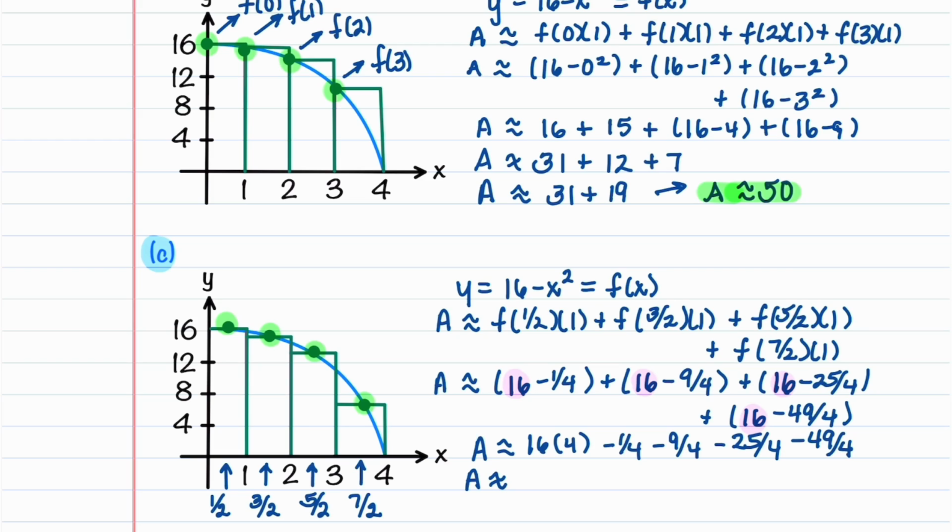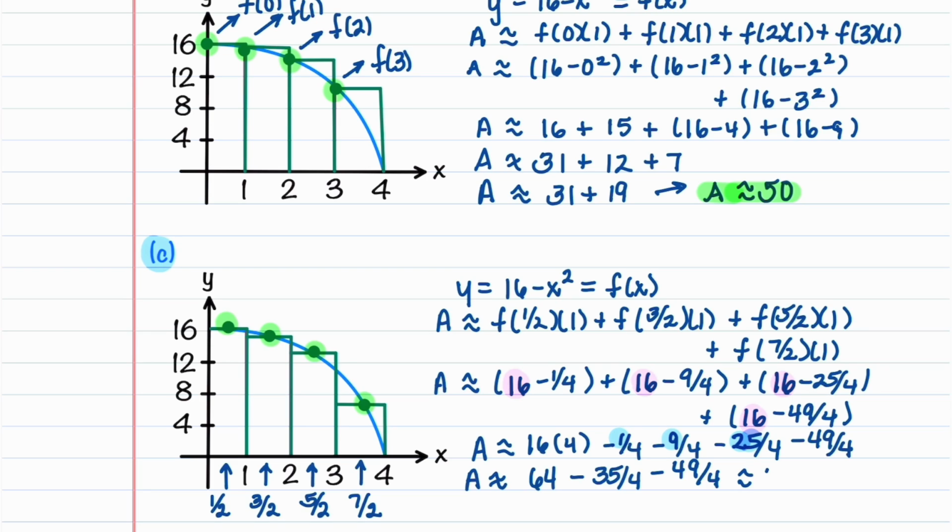16 times 4 is 64. And let's do this in pieces. Let's look at these pieces first. We have minus 1, minus 9, that gives us minus 10, and then minus 25. So that is minus 35/4. And then our last one is minus 49/4.